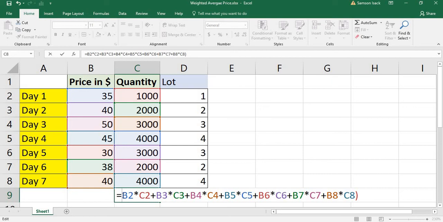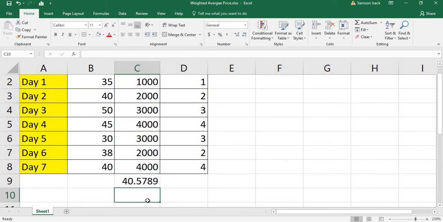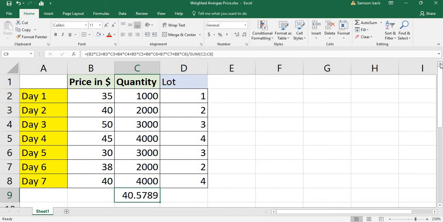It has to be divided by the total quantity. Either you add the quantities, or you can easily use the SUM function on this quantity. This gives you the price for a single quantity of that particular product.